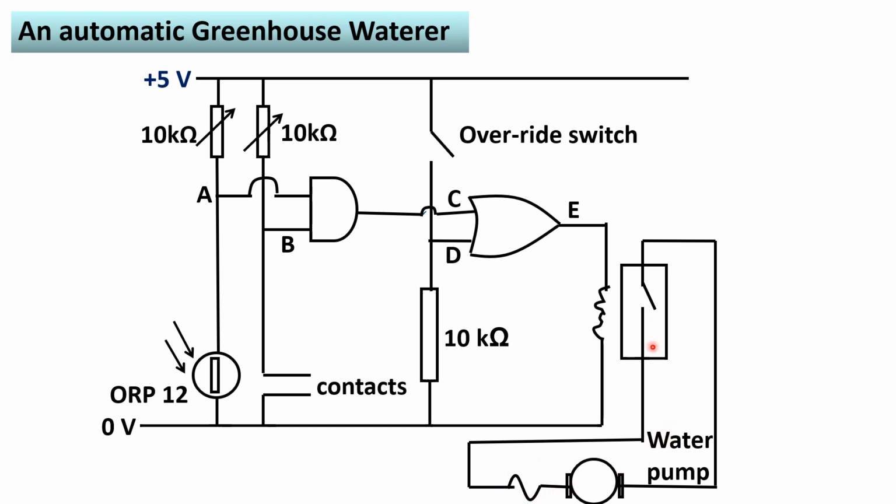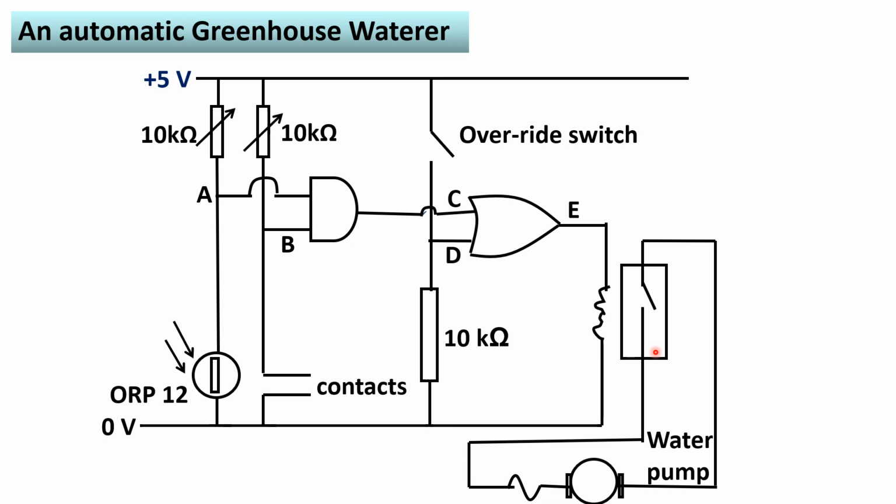Depending upon the result of the output of the OR gate, labeled point E, if point E is at logic 1, that means there is enough current to establish a magnetic field in our coil, sufficient to possibly switch on the water pump.